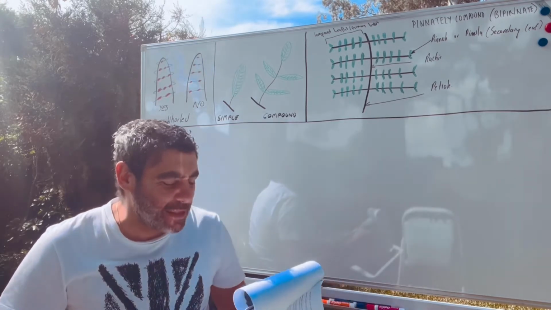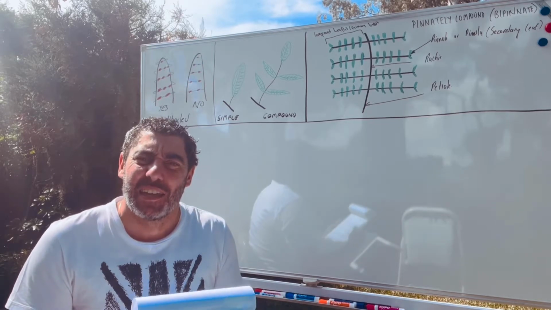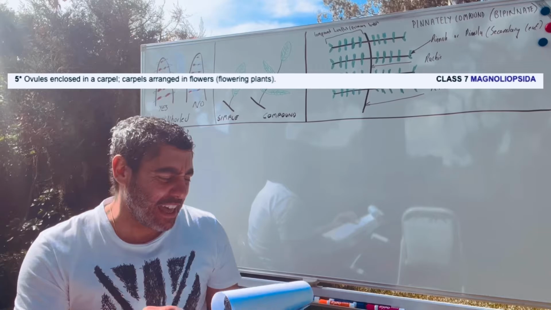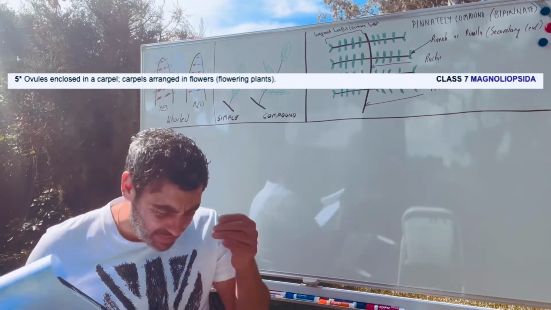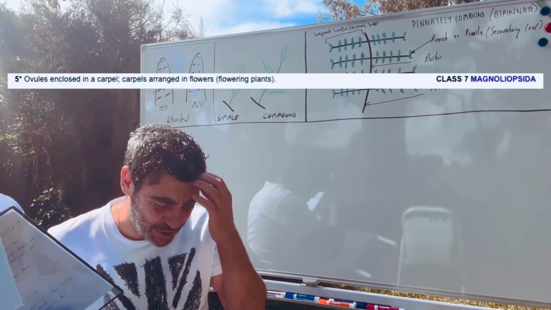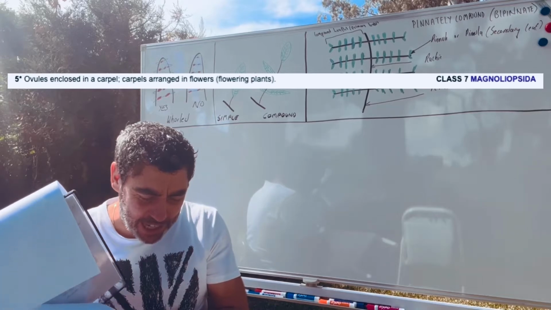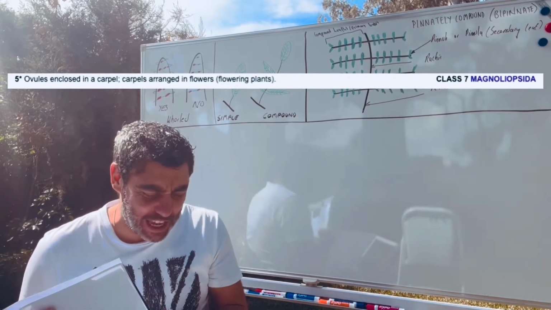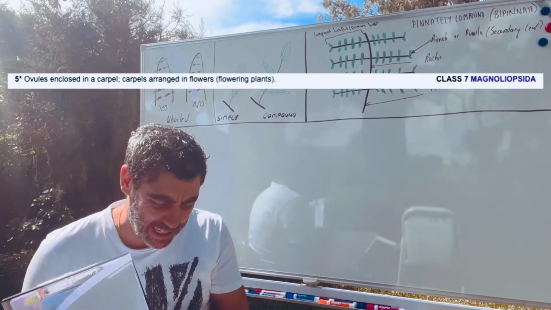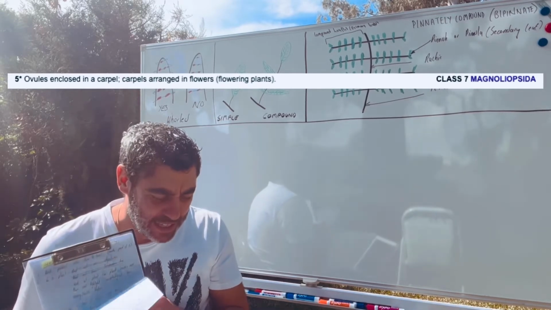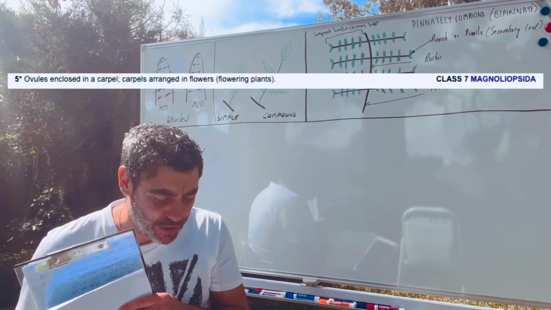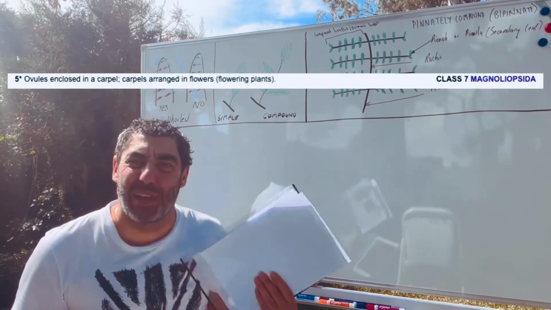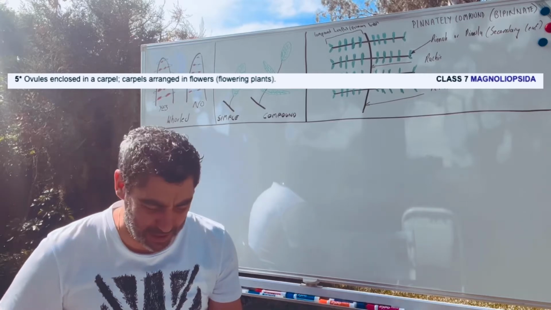Now, as part of the assessment, we're asked what division of plants this is, and this particular plant belongs to Magnoliopsida. Okay, so you're on a page now. Class 7 is Magnoliopsida, and that includes plants with ovules enclosed in a carpel and carpels arranged in flowers, so flowering plants, angiosperms.